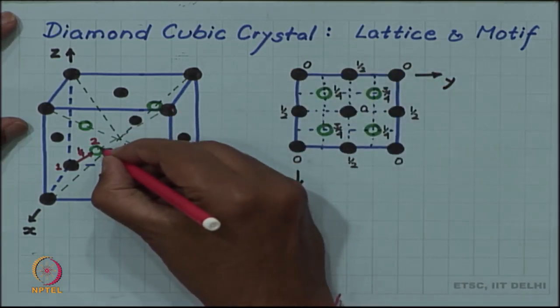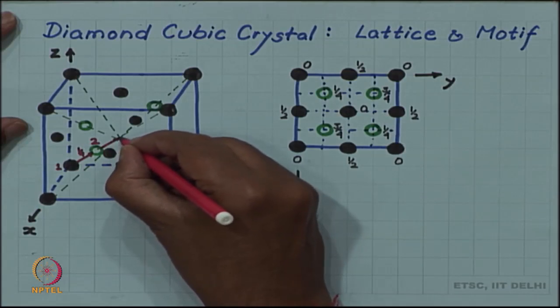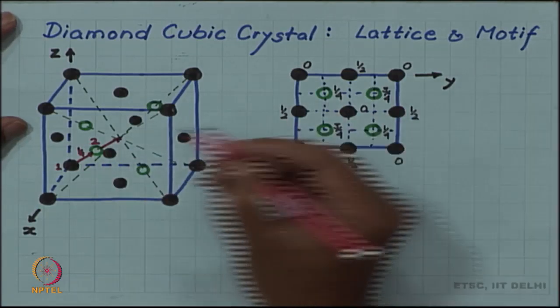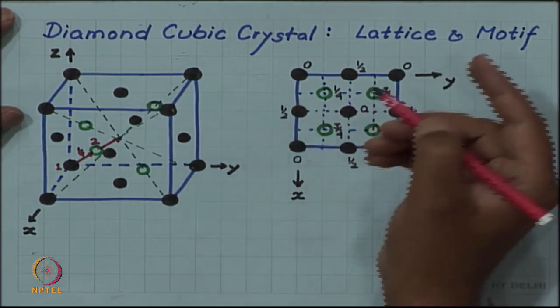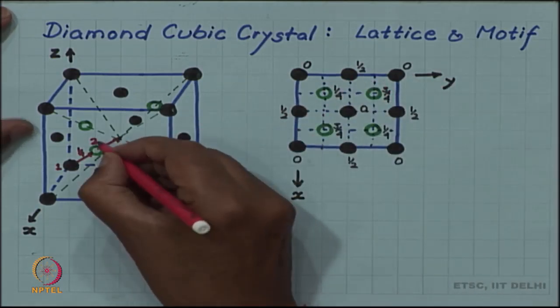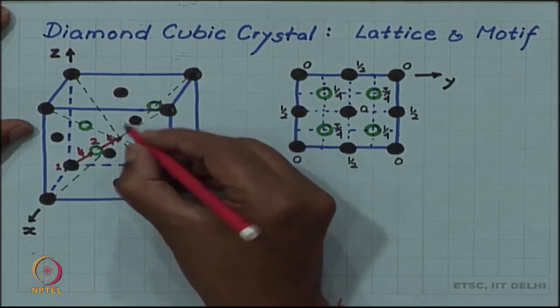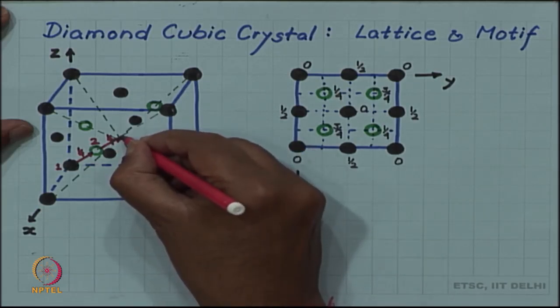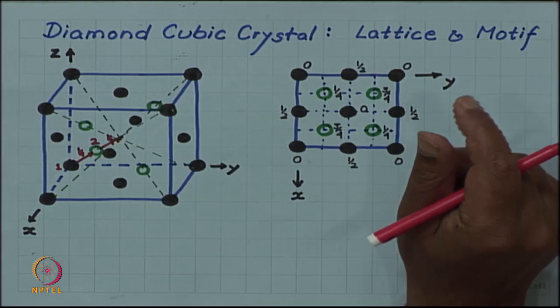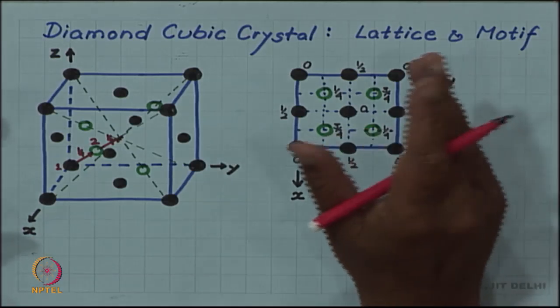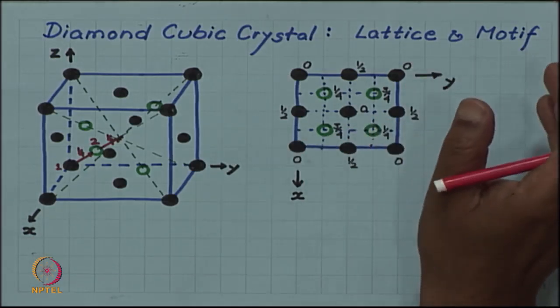If I travel the same distance from 2, that is, another 1/4 along the body diagonal, then I would have traveled half the length of the body diagonal, and I will end up in the center of the cube.